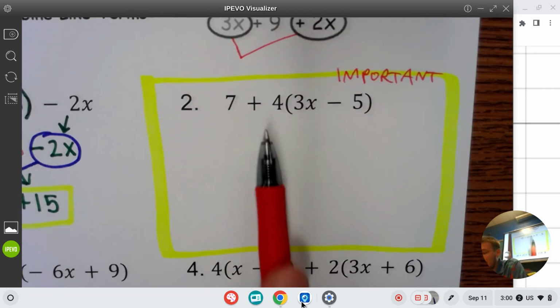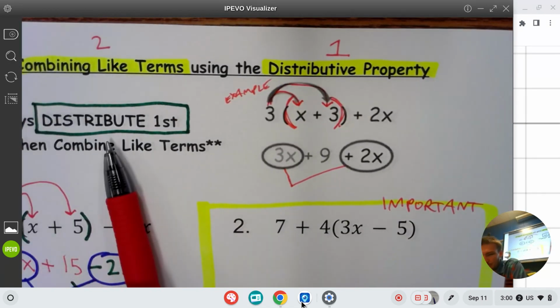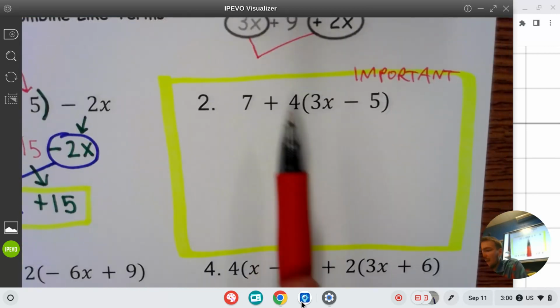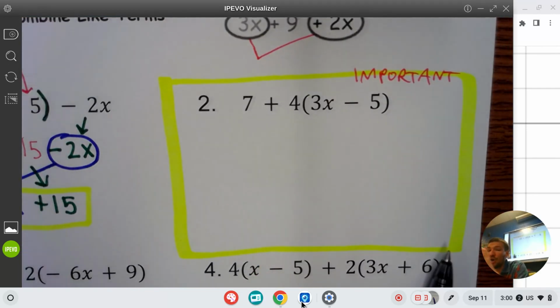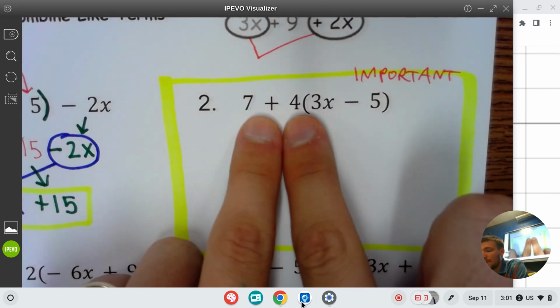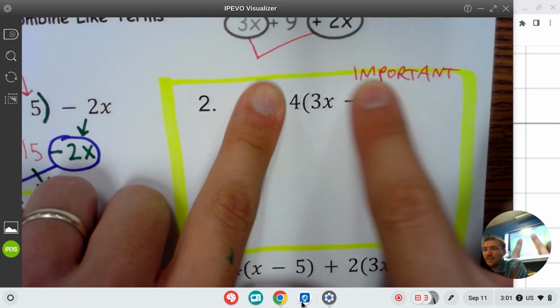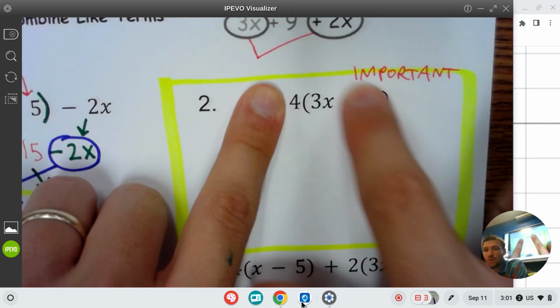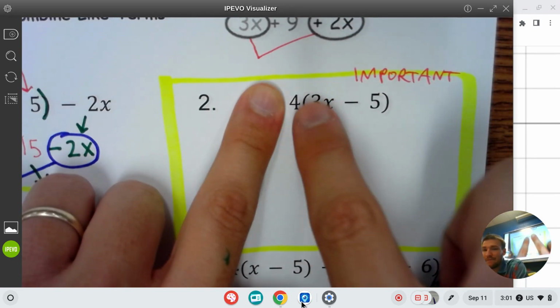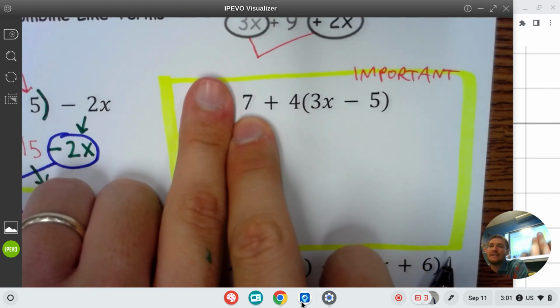You're both correct. Are we going to do 7 plus 4? No, because distribute first. 7 plus 4, they look like terms. They look like they are like terms, and they are like terms, but this 4 has all this baggage, and this 4 needs to sort out all of this baggage before it can be combined with a simple old boring 7.